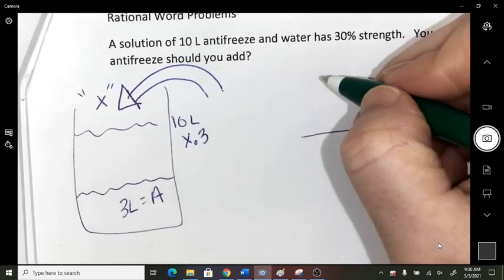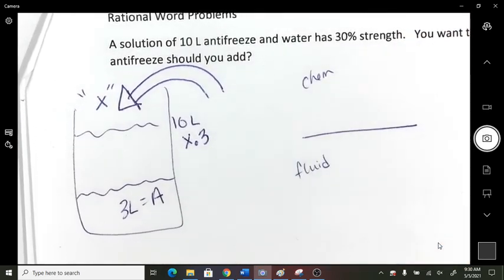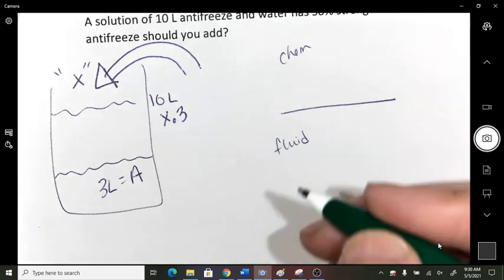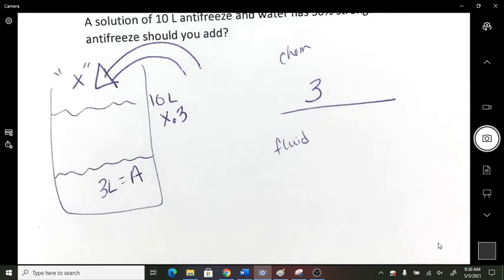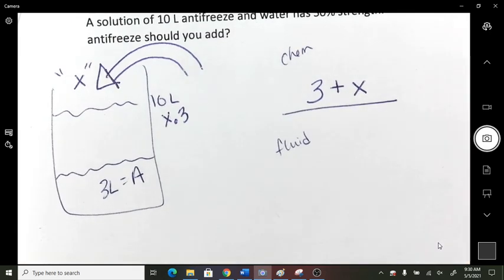Okay. So remember, this was my strategy. The amount of chemical divided by the amount of fluid. So how much chemical did I start with? I started with 3 already. And then what did I do? I added more chemical, but I don't know how much more, but I added more.